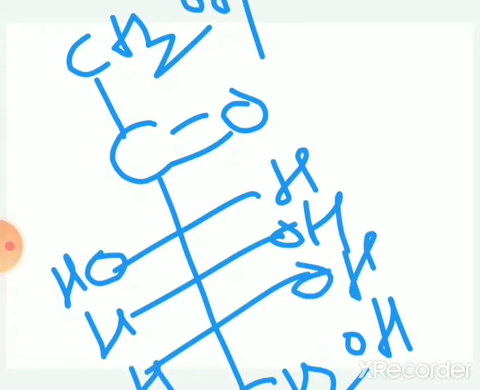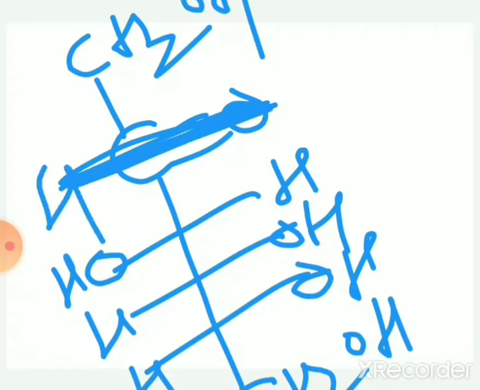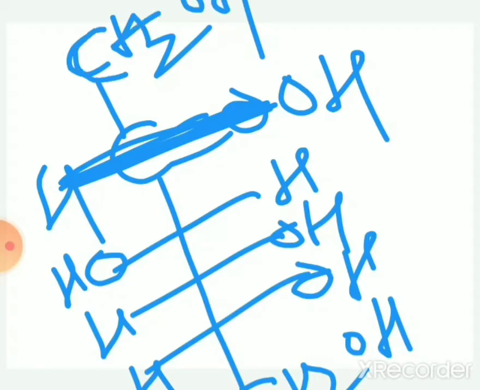Suppose we write this as fructose, in this carbon HOH, and in this carbon the aldehyde, that is the glucose structure. I will write it clearly.